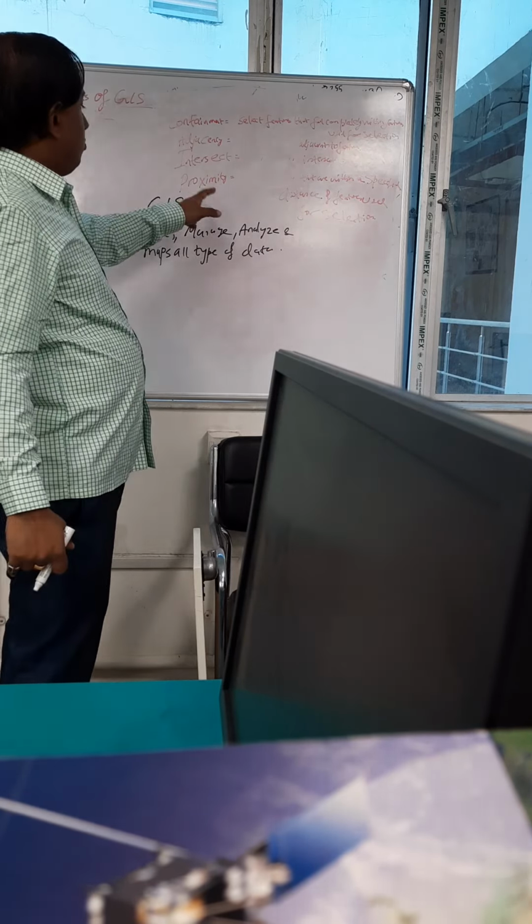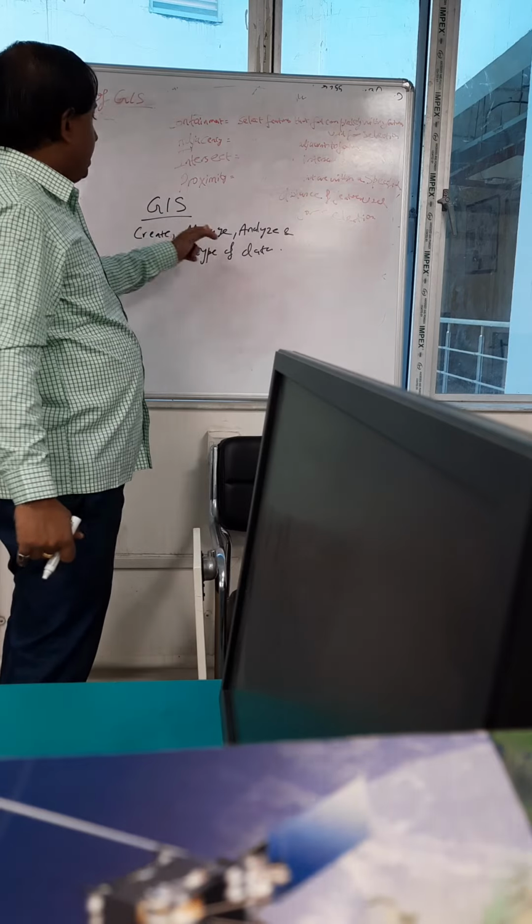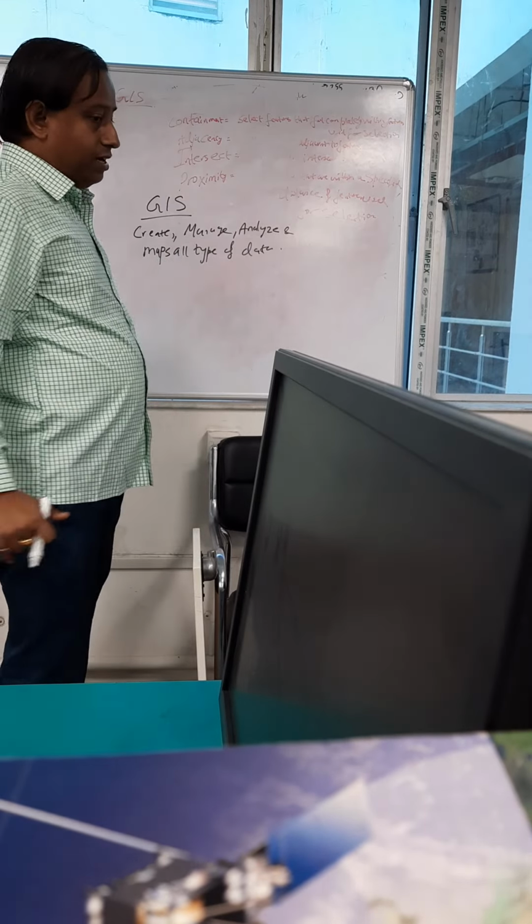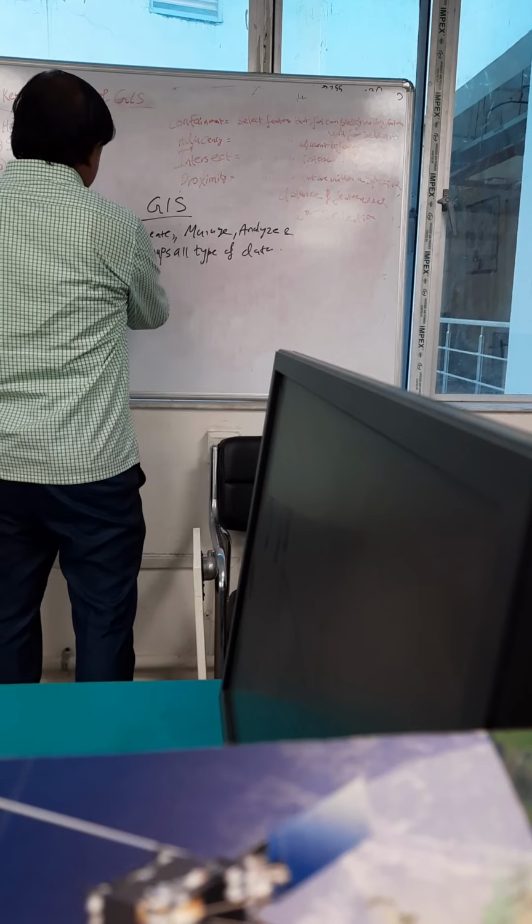So GIS, Geographic Information System, creates, manages, analyzes and maps all types of data. So this is the definition.